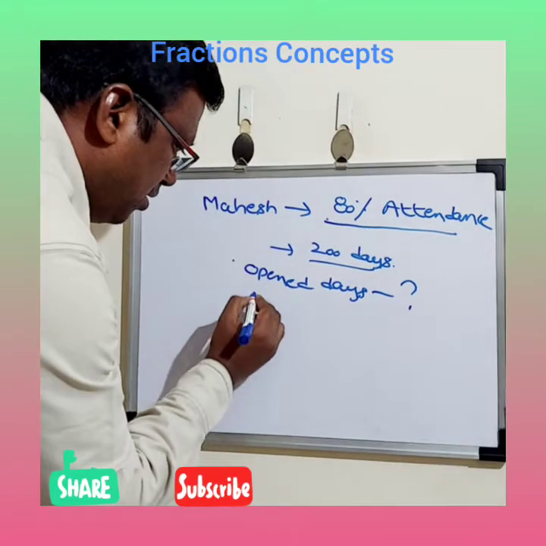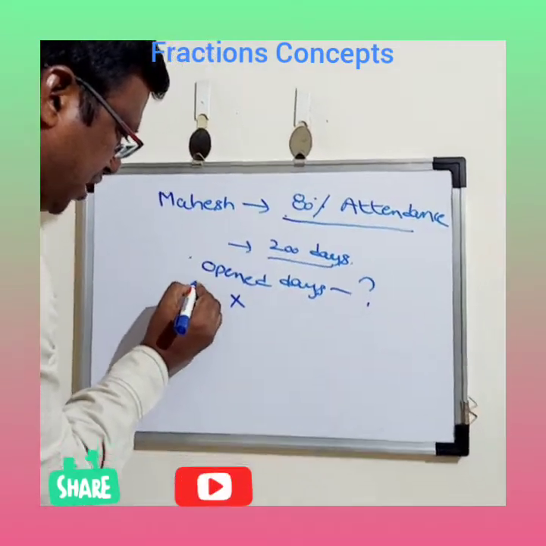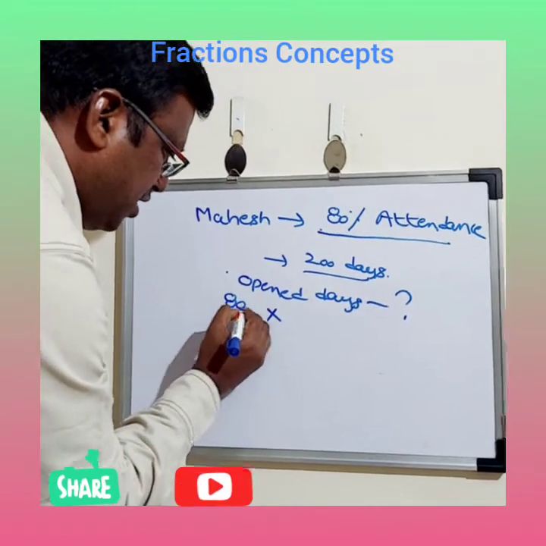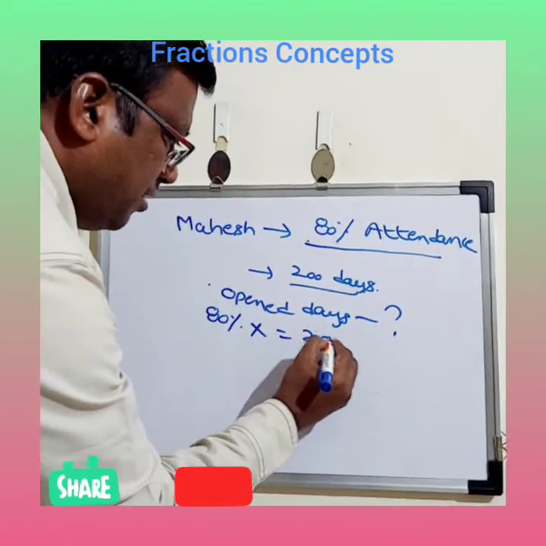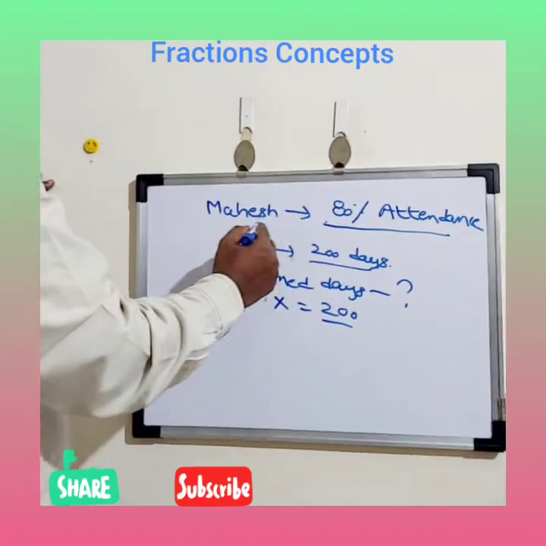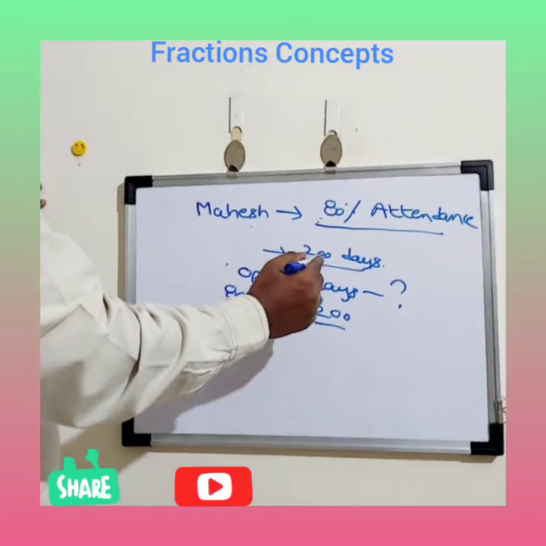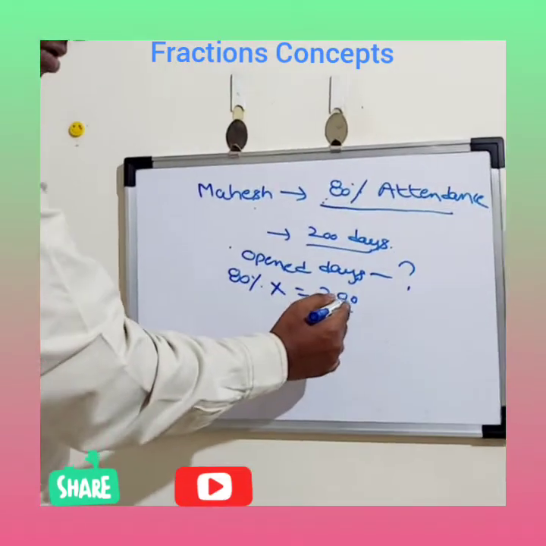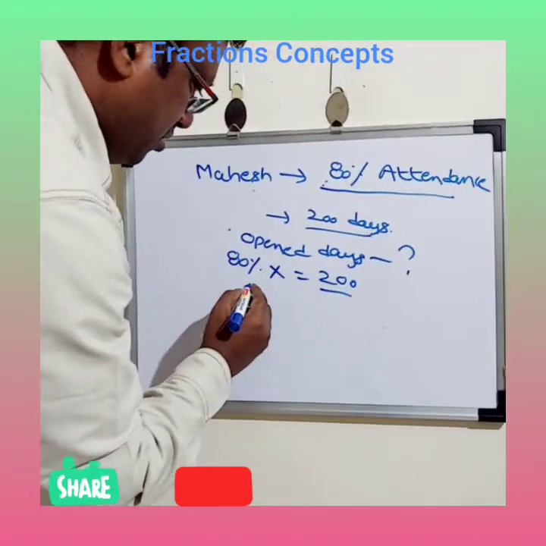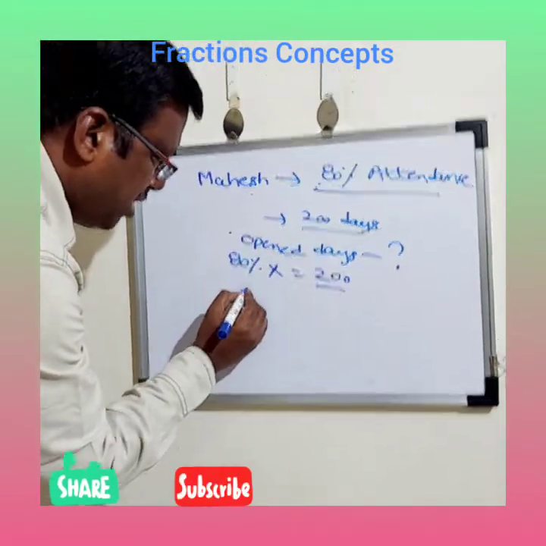The first statement says Mahesh attended college with 80% attendance, and he attended a total of 200 days. Open days we don't know, so we take the value as x. So 80% of x is equal to 200. Whenever the percentage symbol is used, it is always multiplication.